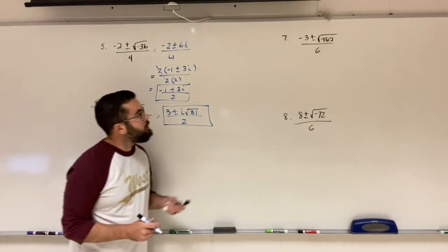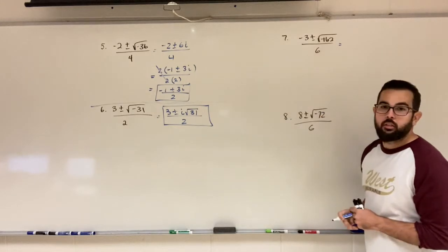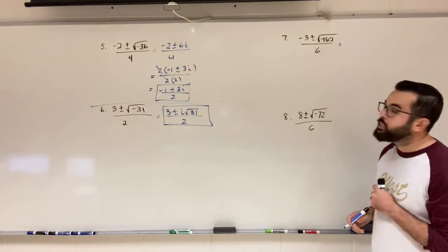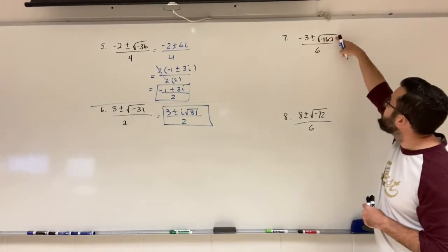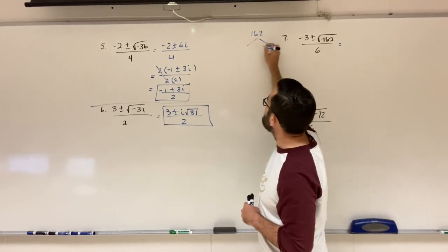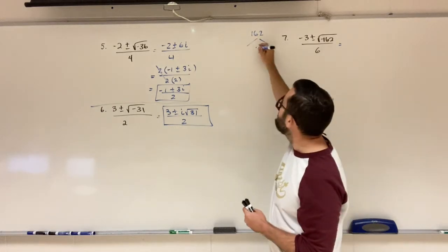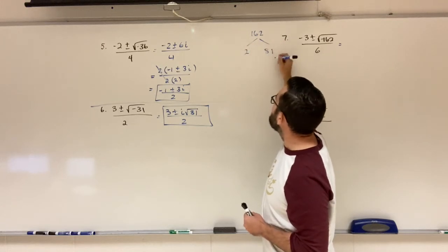All right, next one. I have negative 3 plus or minus the square root of negative 162 over 6. So I'm going to start with the square root. So I need to simplify 162, which I think I've done. Maybe not, can't remember. I have 2 times 81.